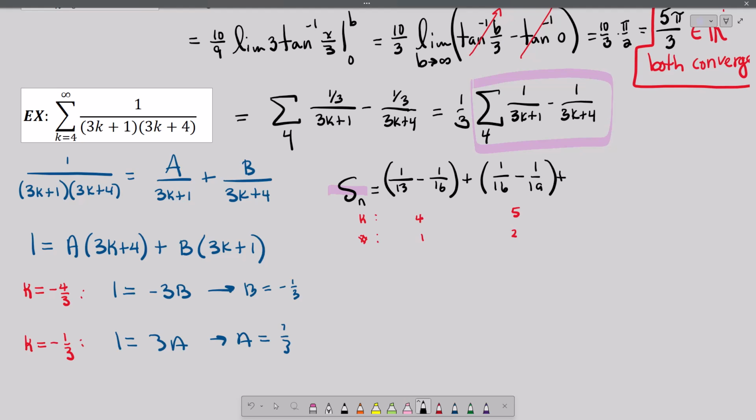Looks like that. Third term, k is 6. So k will be 6 for the third term. That will be, plugging in 6 here, we're going to get 19. 1 over 19 minus 1 over 22.